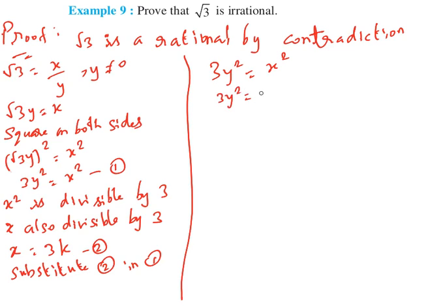In the place of x we will write 3k the whole square. So 3y square equal to 9k square.